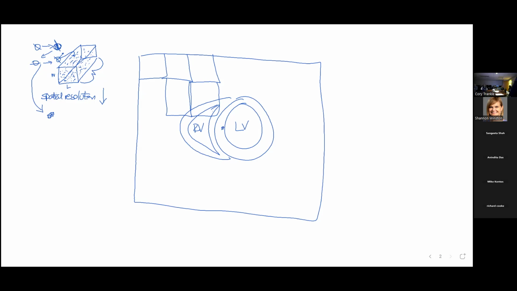Look at this. Holy smokes, I can make out boundaries really, really well. So this is a high spatial resolution, but it has low signal to noise. This is a low spatial resolution, but it has high signal to noise.